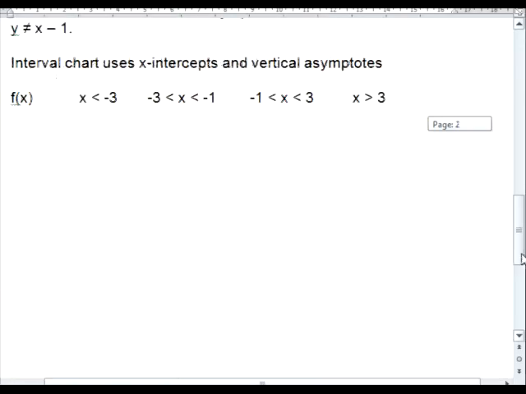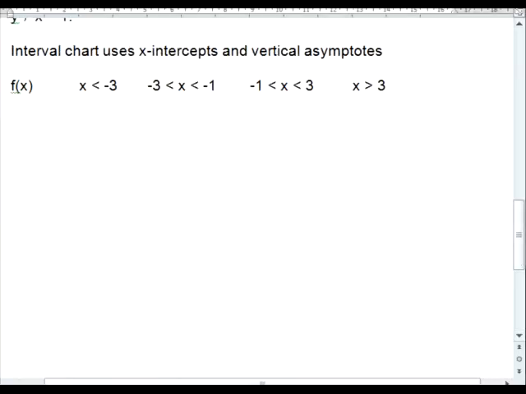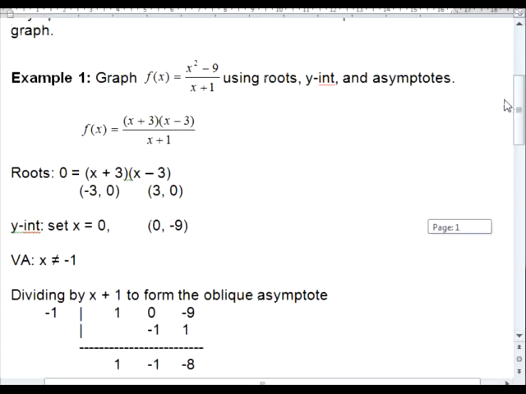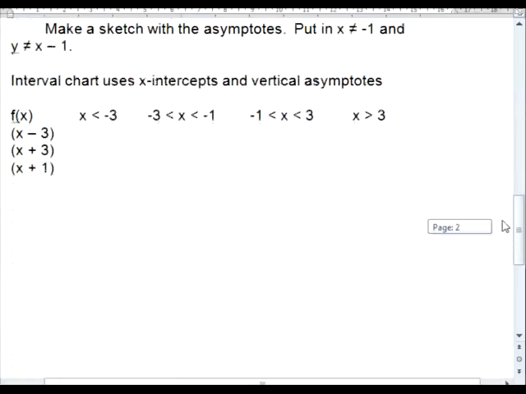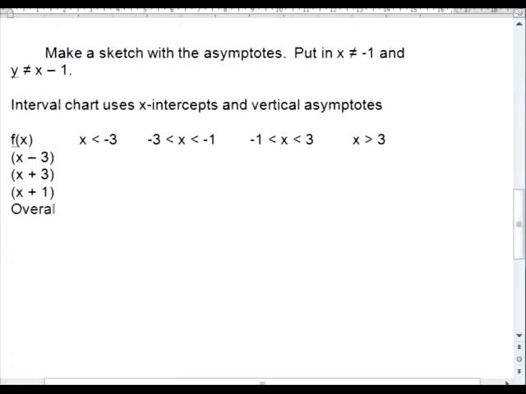So for my f of x, I'm going to say x minus 3, and I'll put x plus 3. And I'll put x plus 1. And then overall and test point.